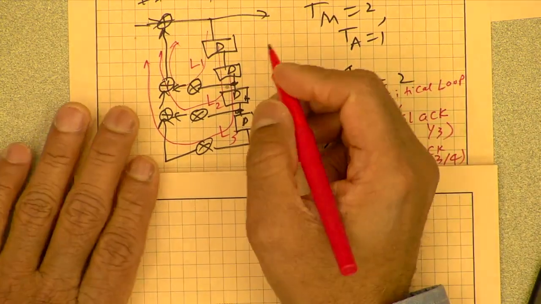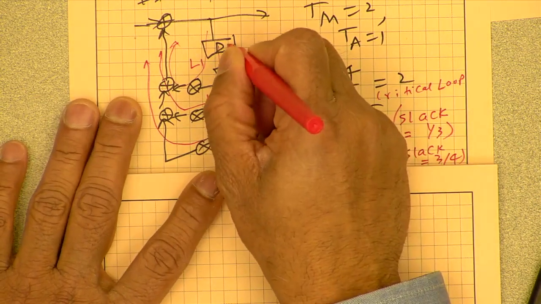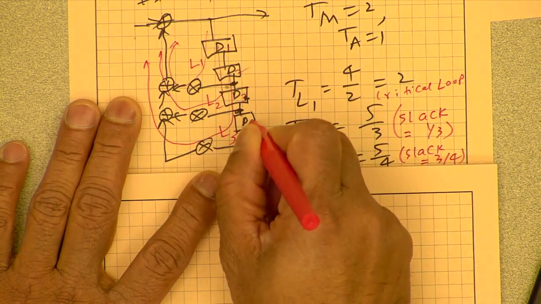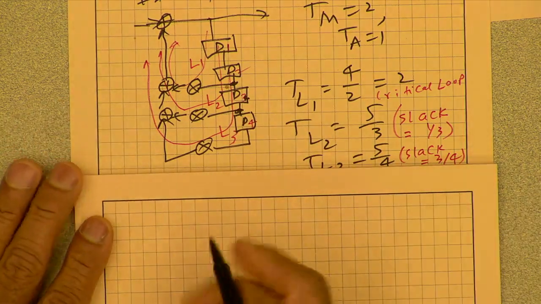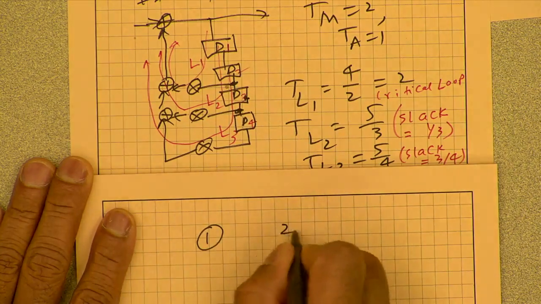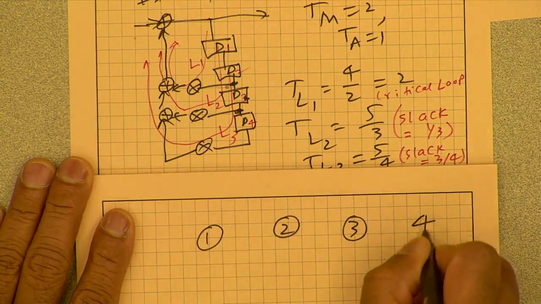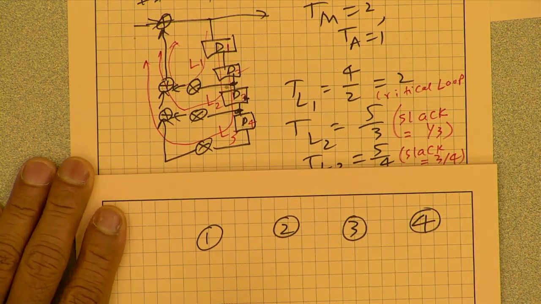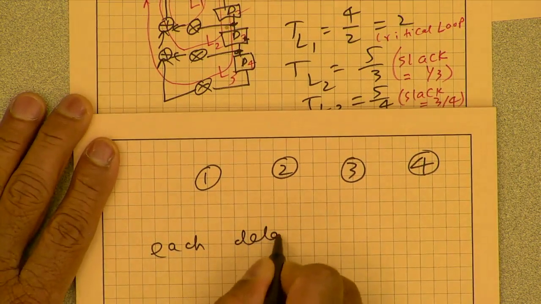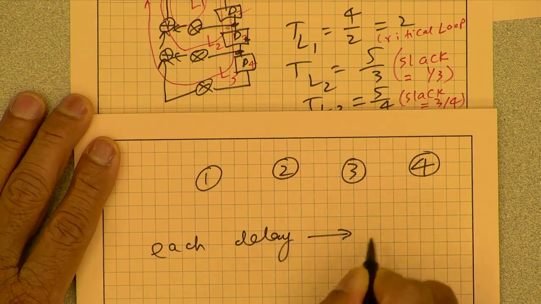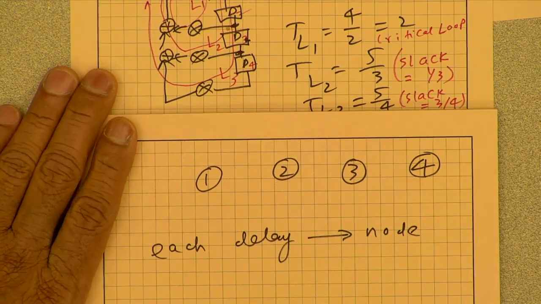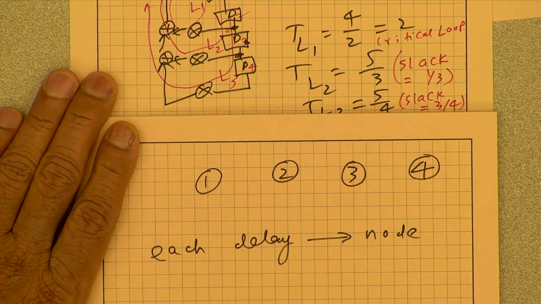Let's call these nodes D1, D2, D3, D4. There are 4 delays, and each delay corresponds to a node. So 4 delays are now mapped to 4 nodes.